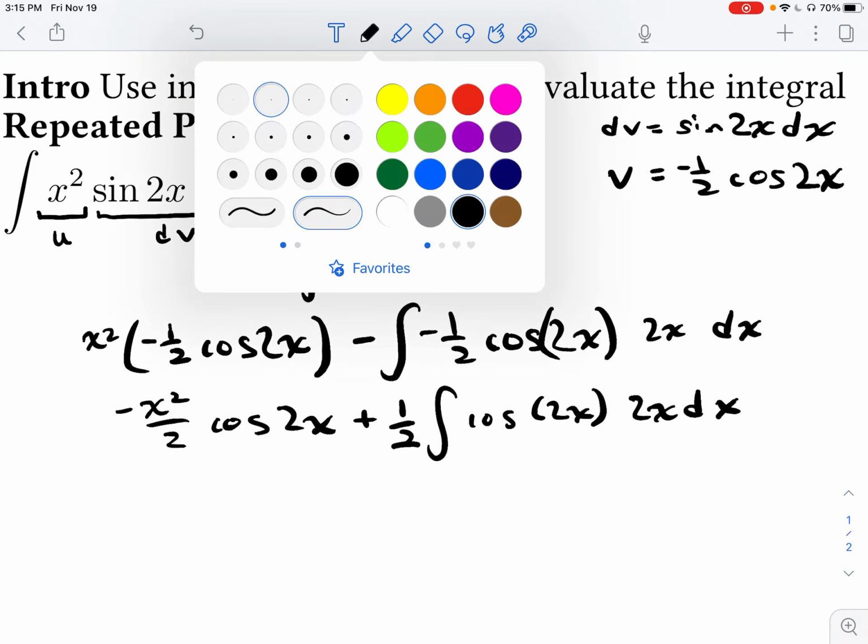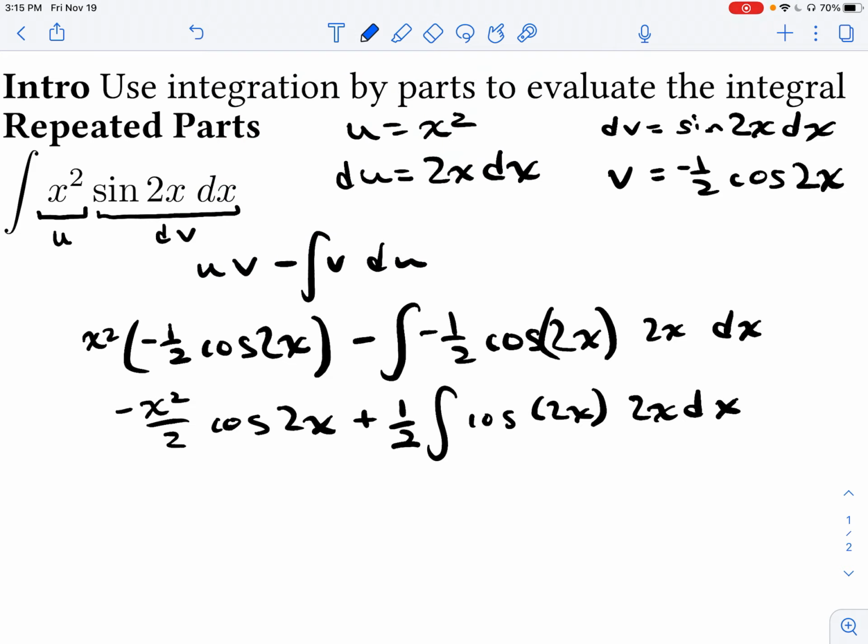So we could try to redefine these values. It would probably make sense that this here would be our u, and this here would be our dv. But one thing we have to be careful about is that we already defined u as being equal to x squared. So we'd have to redefine this as u sub 2, call this some other variable, and in the same way make this dv sub 2.